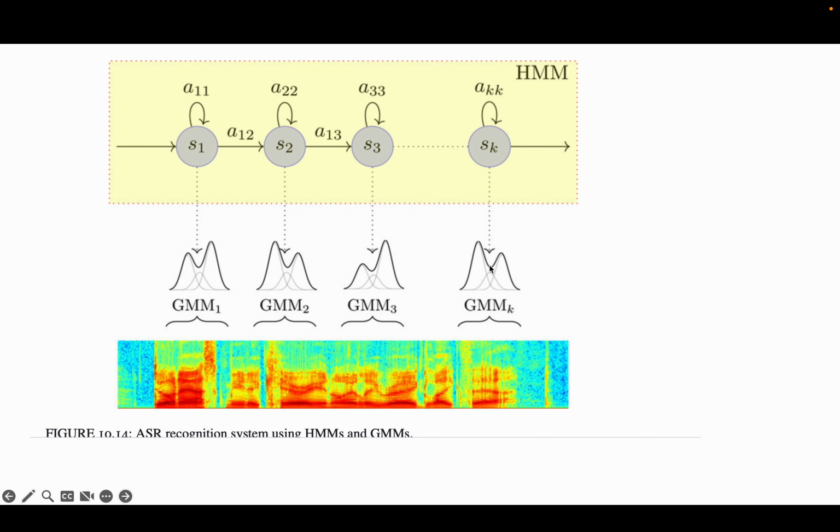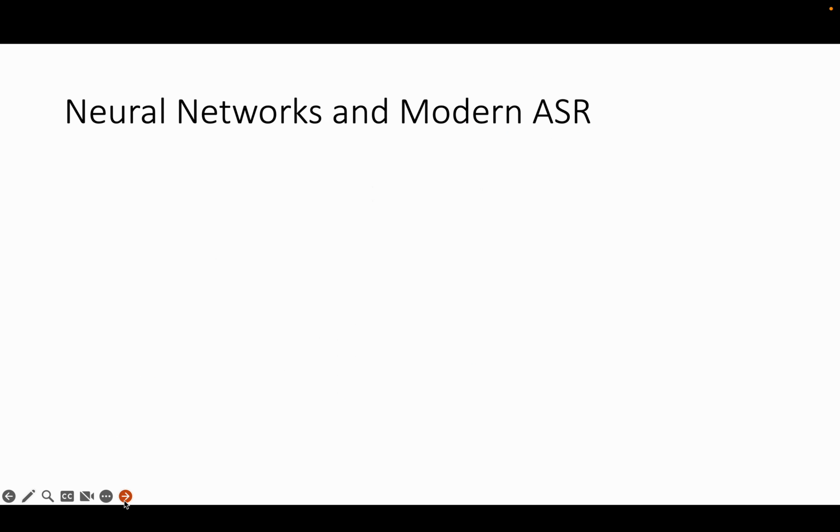I think it's pretty cool to combine this hidden Markov method with a Gaussian mixture model in identifying speech patterns. As I said, this was widely used prior to the recent explosion of neural network technologies. In the next lecture, we will discuss the application of neural networks to modern speech recognition.